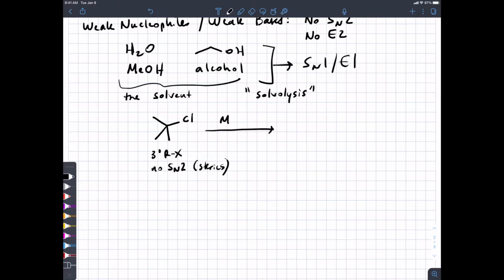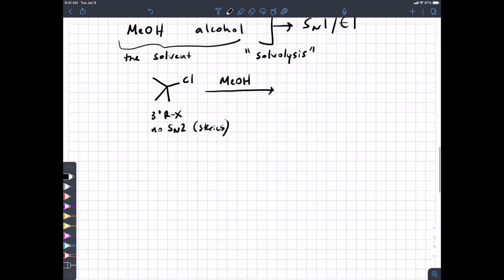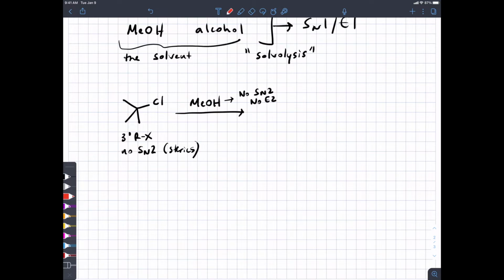And we're going to use methanol as our solvent. Because we have a weak nucleophile / weak base, there's going to be no SN2 and no E2. Even though E2 would be okay for a tertiary alkyl halide, your nucleophile / base is not reactive enough to do it. So we have to wait around for the leaving group to leave.